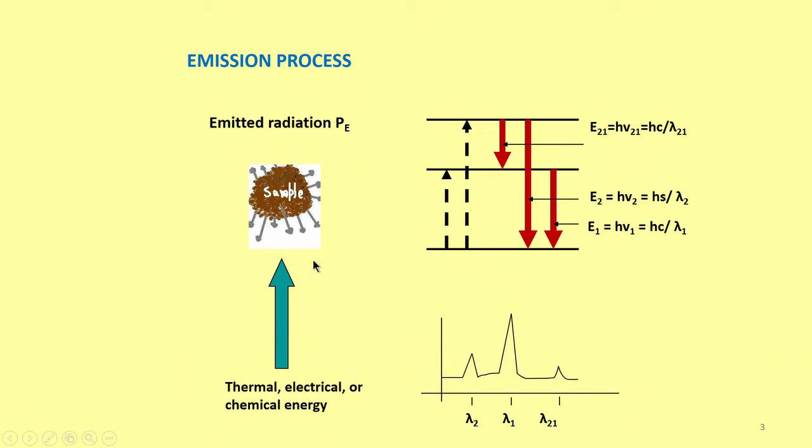The excitation can be thermal, electrical or chemical energy. If you plot the energy on the y axis against different wavelengths, these emission wavelengths are characteristic of the elements present in the sample.